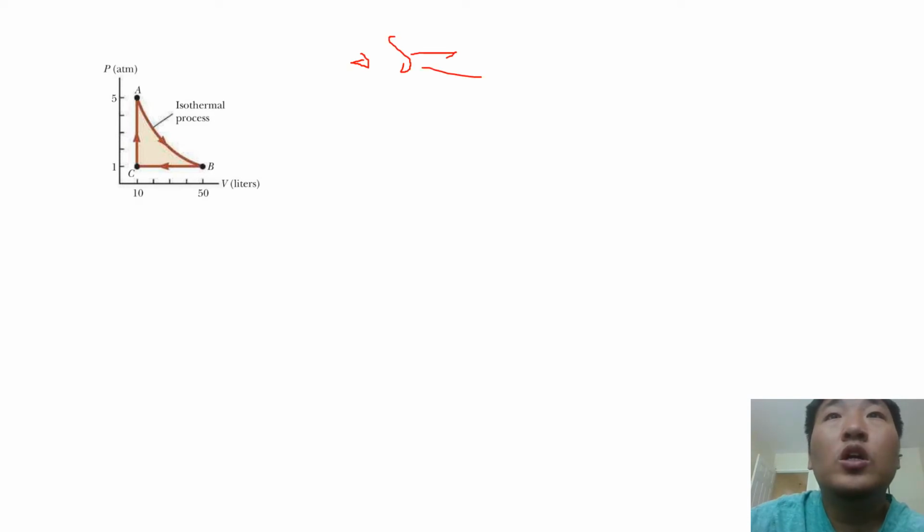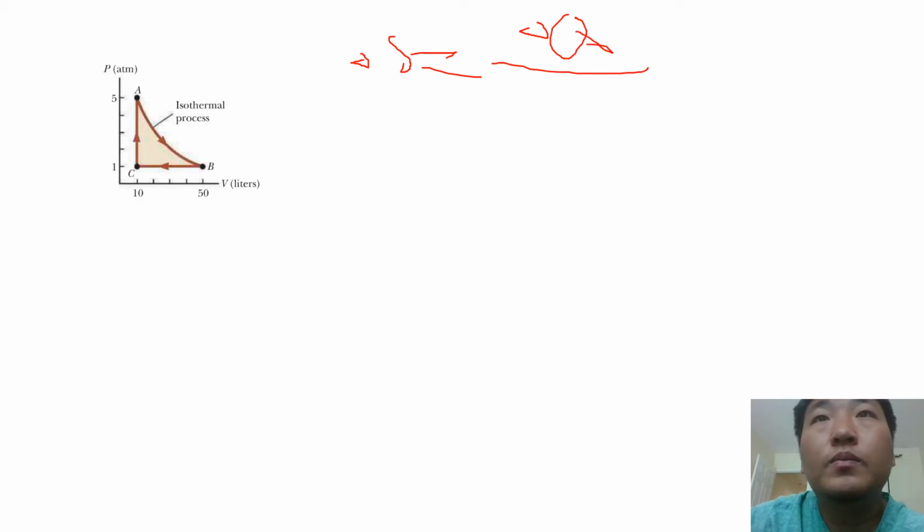So let's continue with the A to B process here. In A to B, we can notice that the entropy change equals the heat transferred divided by the temperature, because the temperature doesn't change.